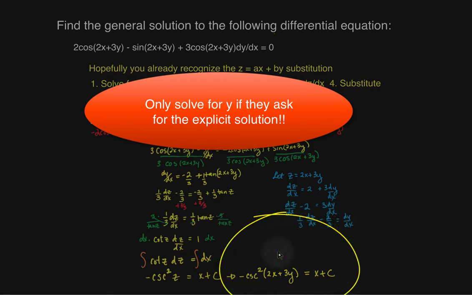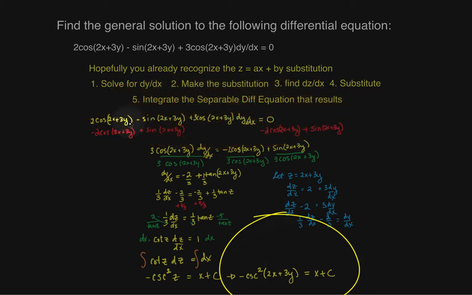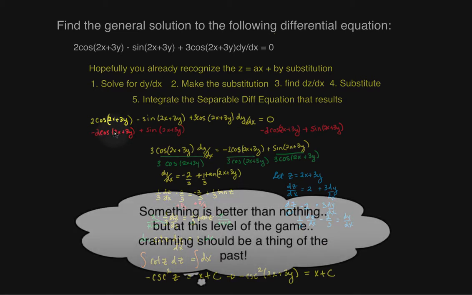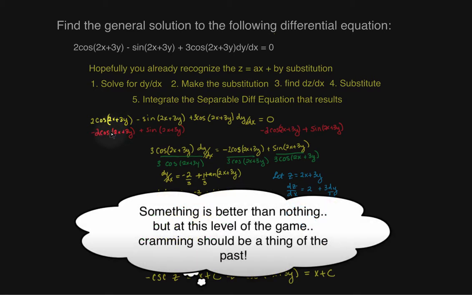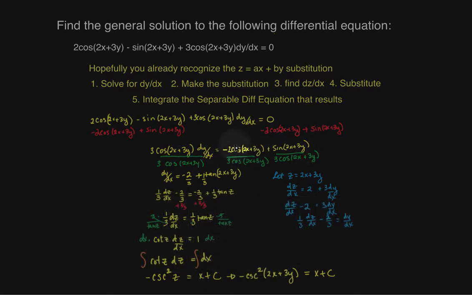Recap. We should recognize ax plus by. If you do enough of these problems, they'll start to pop out at you as far as what method to use. But if you just are cramming the night before the quiz, it's not going to help too much. Solve for dy/dx, bring everything to the other side, divide by the coefficient and the cosine term.